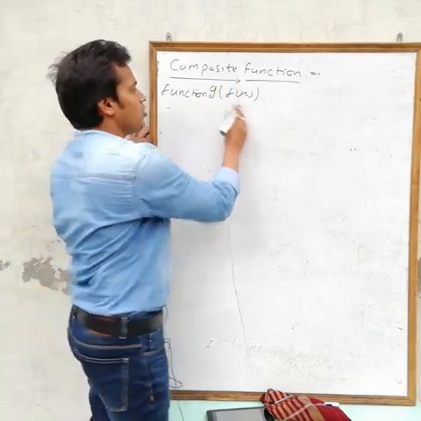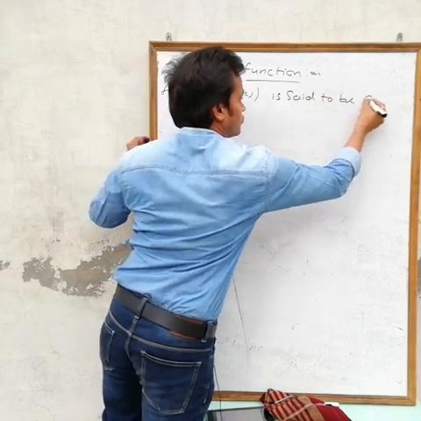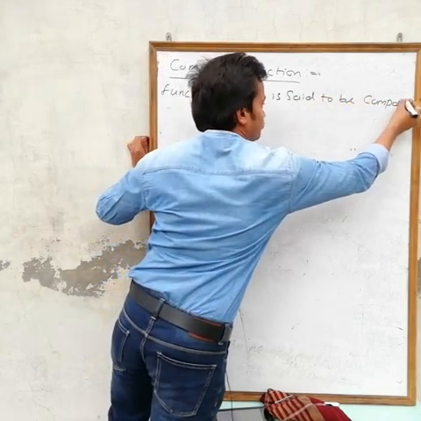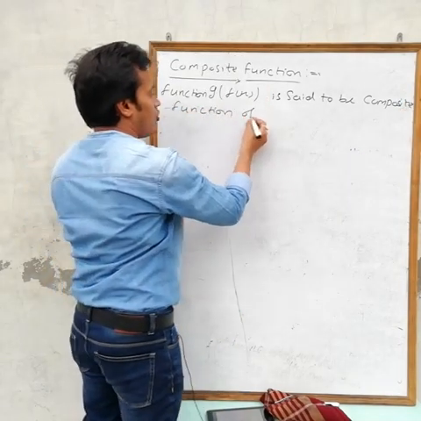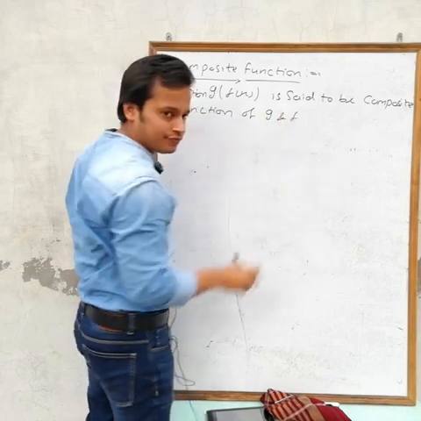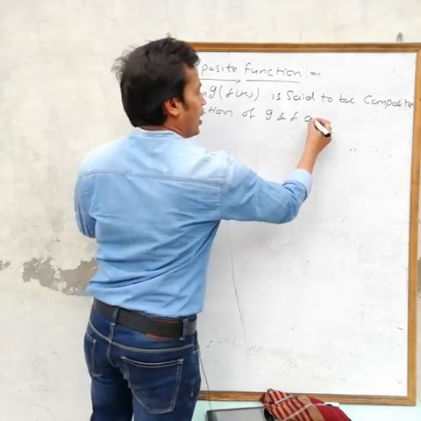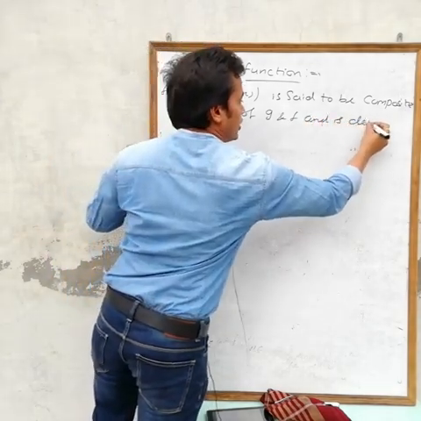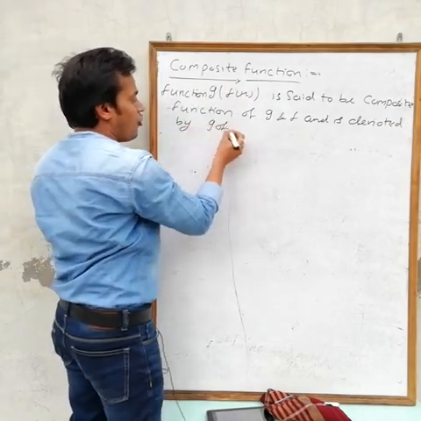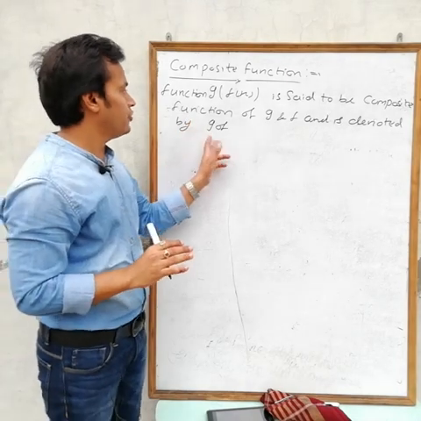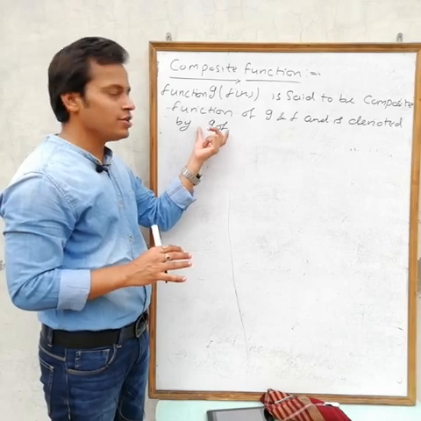Okay, function g of f(x) is said to be the composite function of g and f. Okay, this is the composite function of these two functions g and f, and is denoted by g o f, or simply gof. This one, g of f(x), is denoted by g o f.